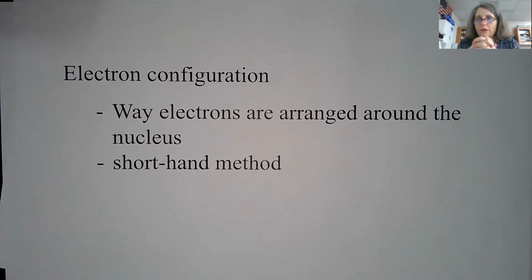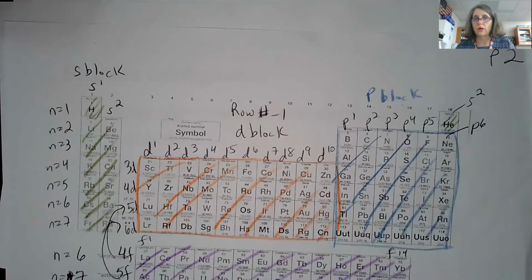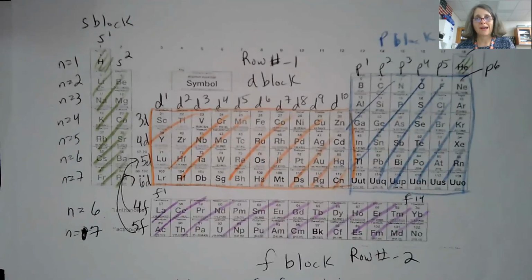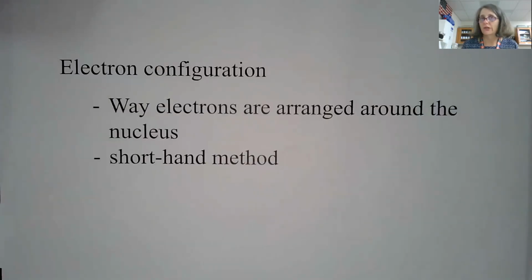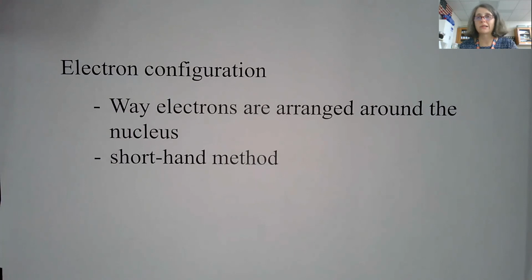So the electron configuration is a way for chemists to know exactly where the electrons are, especially the valence electrons. So we care about the outermost electrons more than the inner ones. So electron configuration is a nice way to summarize that. So in the next video is where you're going to see me do electron configuration using the block system, and that's where you're going to learn how to do that. Okay, so that's the summary of the quantum model.